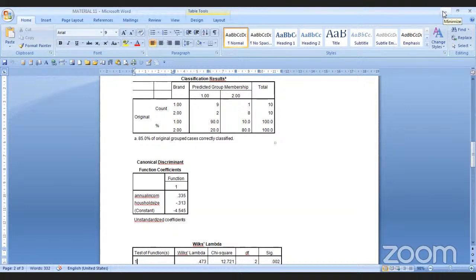I cannot minimize this one. I think I have to stop share. Okay, anyway, I'll stop share and I'll show you another material.